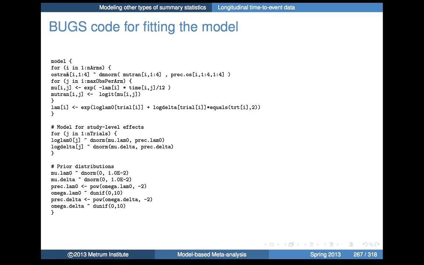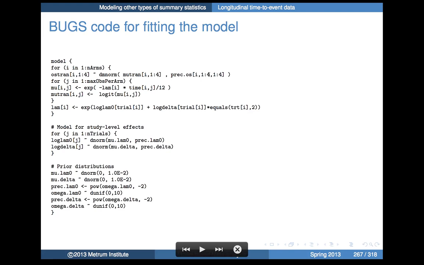So what we're saying here is that the vector of observations for the ith treatment arm follows a multivariate normal distribution where the mean is mu_tran and the variance or the precision matrix is this prec.os. Prec.os now is a 3-dimensional array where we're taking the first element of that. And when we get into R, we'll see more closely what this looks like.